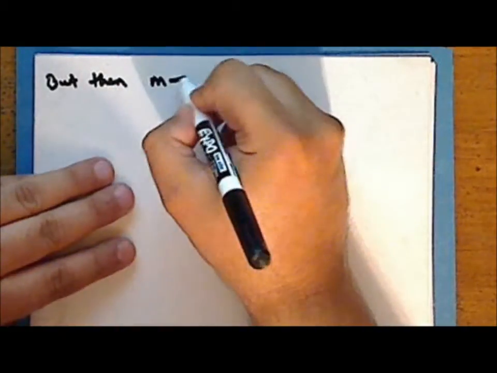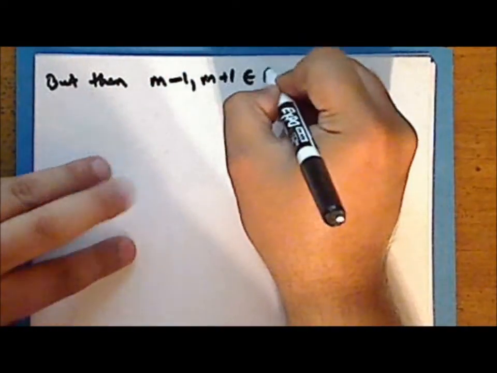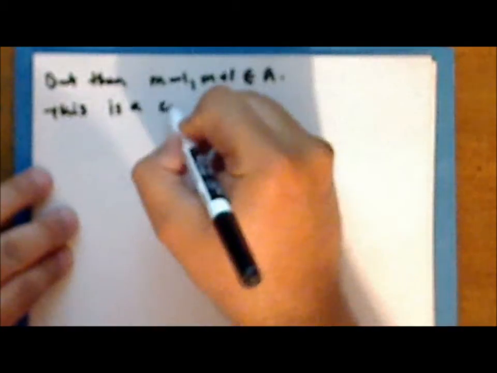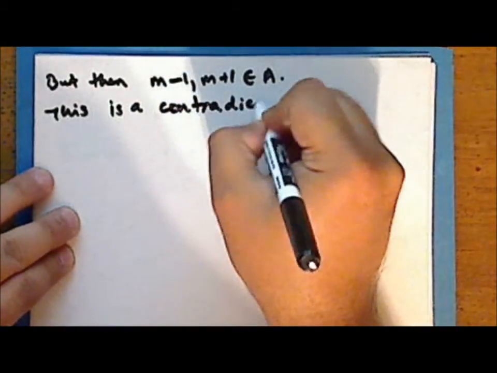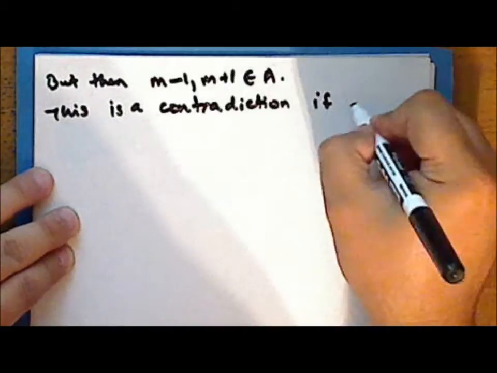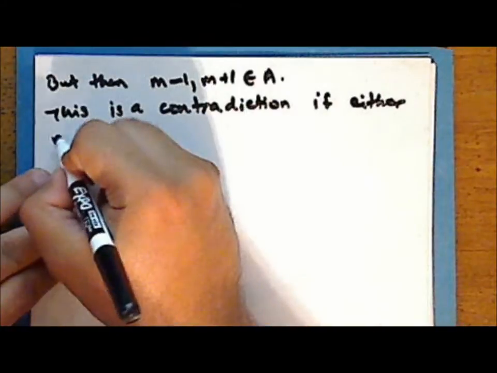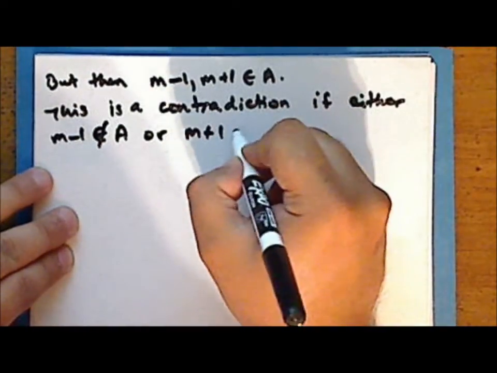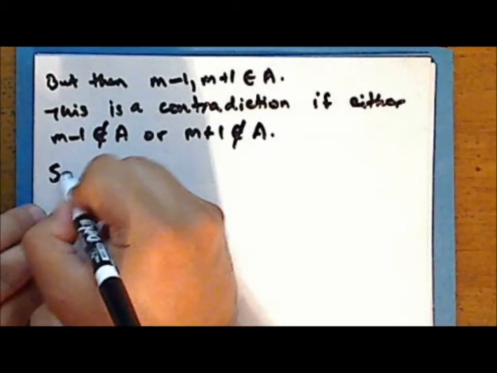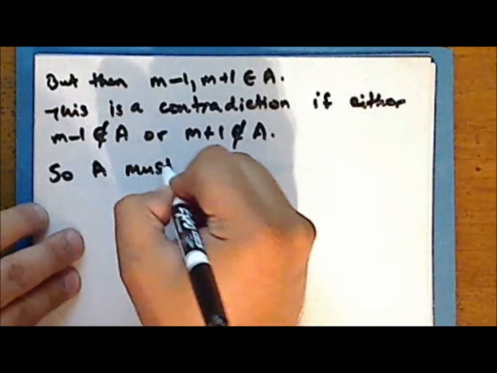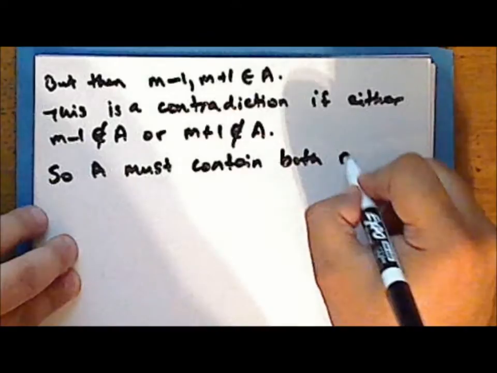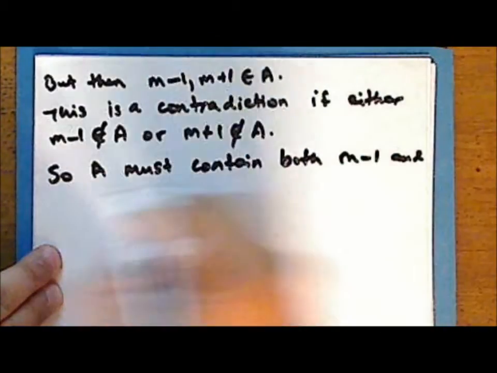But then the consecutive odd integers m minus 1 and m plus 1 are in the set A. This is a contradiction if either the odd integer m minus 1 is not in the set A, or the odd integer m plus 1 is not in the set A. And so the set A must contain both odd integers m minus 1 and m plus 1.